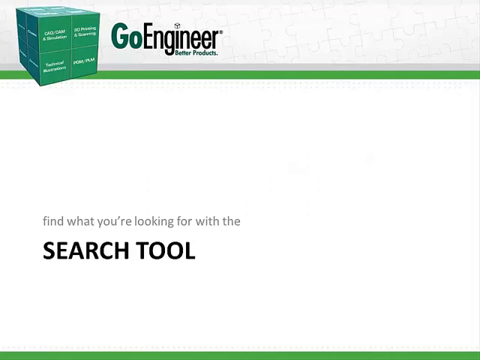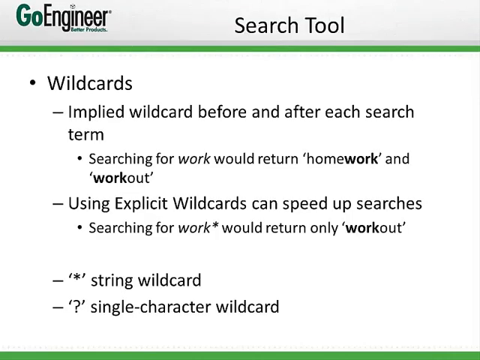A lot of people, I find, don't actually know how to use the search tool most effectively. There are some wildcards and other search syntax that we can use to help refine our results and find the specific files we're looking for. The first thing that we'll talk about are wildcards.